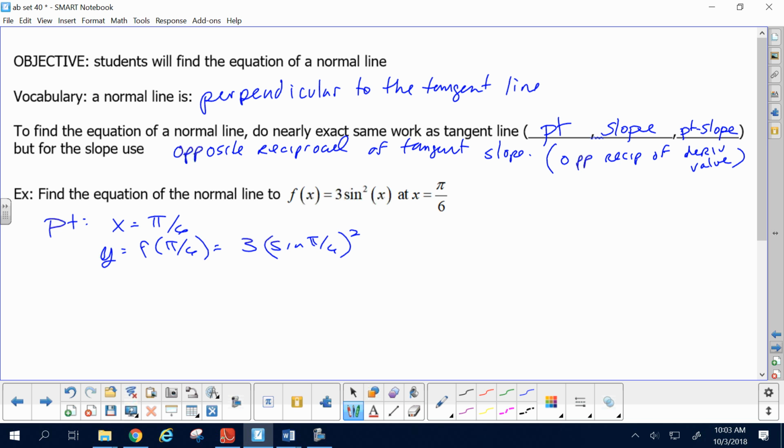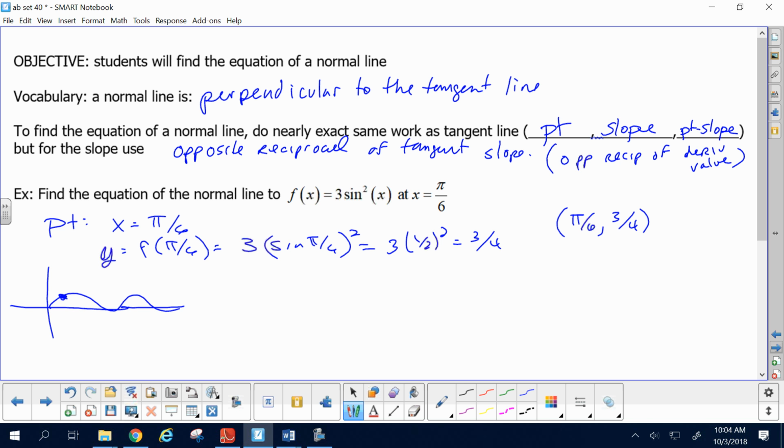What's sine of pi over 6? One half. So that's 3 times a half squared. Therefore, the point is pi over 6, 3/4. That's the point on the curve at which I'm drawing a tangent slope. The curve kind of looks like this, and I am right here.